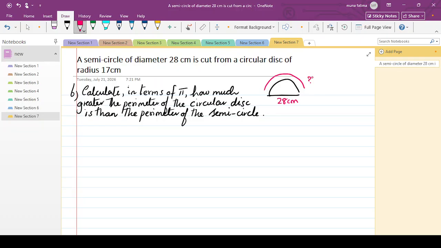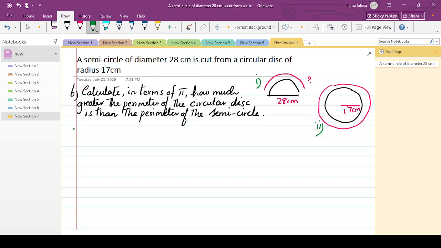That will complete the perimeter, and for the other circle, which was a complete circle, the radius was given as 17, and we just have to find all of this, the circumference, and find the difference. So this is going to be part 1, and this will be part 2.